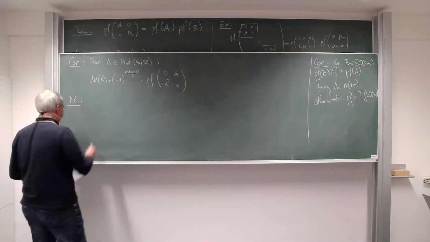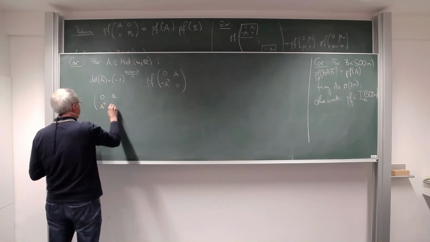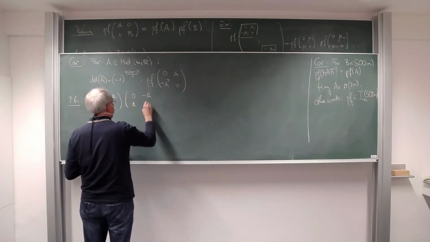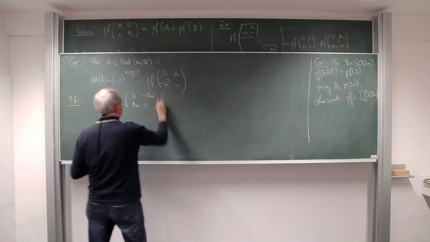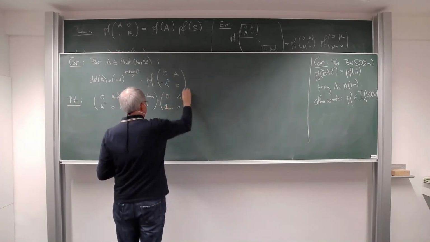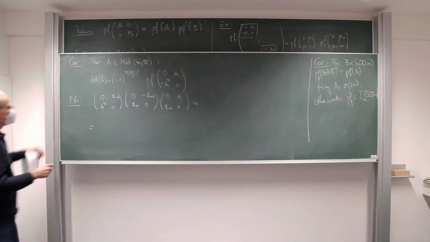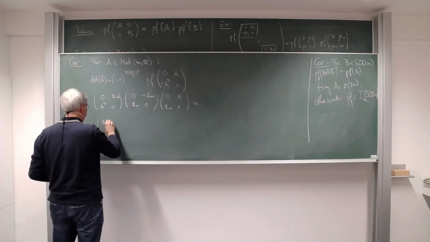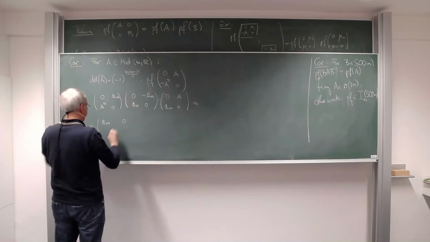Well, let's do the following computation. Let's look at the following block matrices. Multiply these three block matrices, what do we get? First we have 0 times 0, 1 times 1 gives me 1. 0 times 0 plus 0 gives me 0. 0 times something gives me 0.